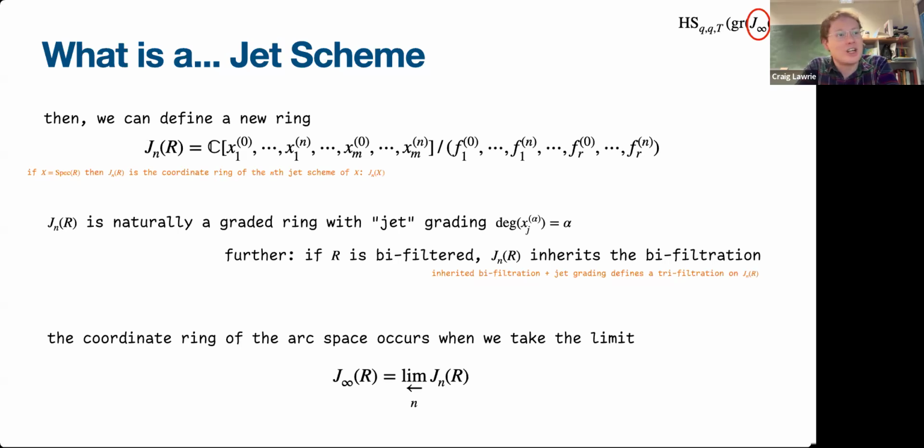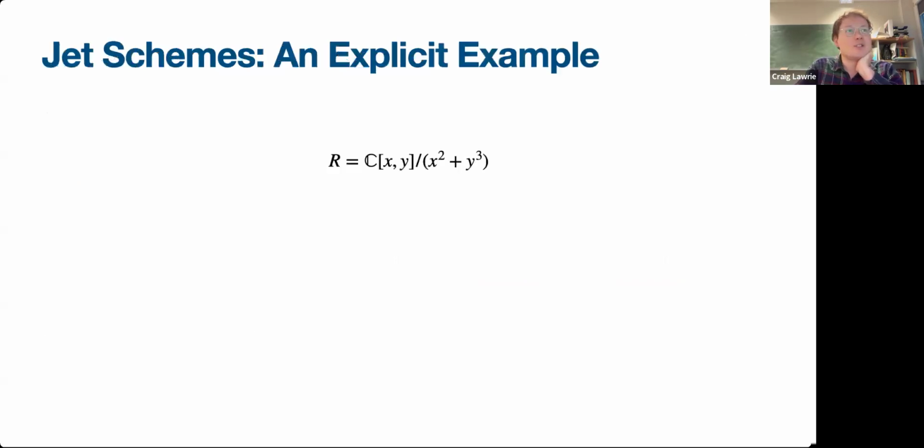I should explain this, and this just comes when we take a formal inverse limit to large N of this jet ring, and this is the coordinate ring of what's called the arc space in algebraic geometry. This becomes a bit of a mouthful, so let's just have a look at an explicit example. Let's take our same old friend with x squared plus y cubed.